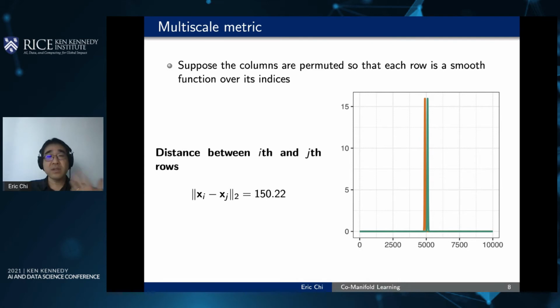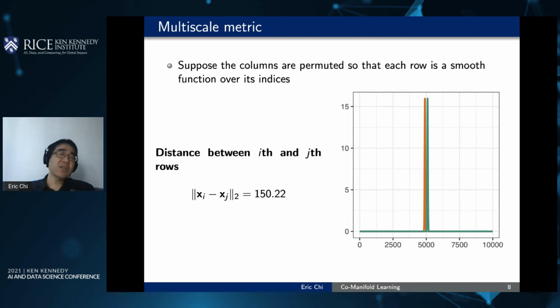So suppose in our data matrix there is some similar structure along the columns, and we've permuted the columns to respect that similar structure. What that means practically is that after you do this permutation, each row is a smooth function over its indices. I'm showing here two different rows, the ith row in orange and the jth row in green, and we see visually that these two rows are very slight perturbations or distortions of each other, small shifts from each other.